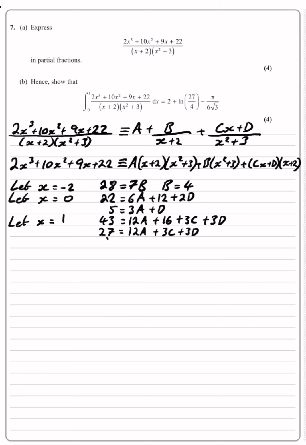And then divide everything by 3. And then lastly, I'm going to substitute in x equals -1. We get 21 equals 4a plus 16, subtract c plus d.